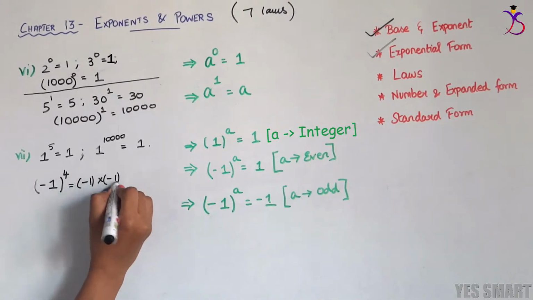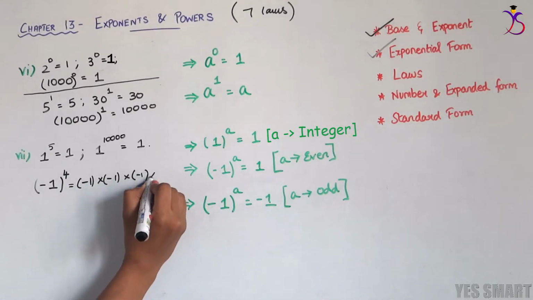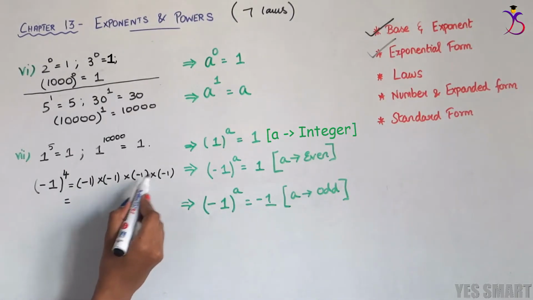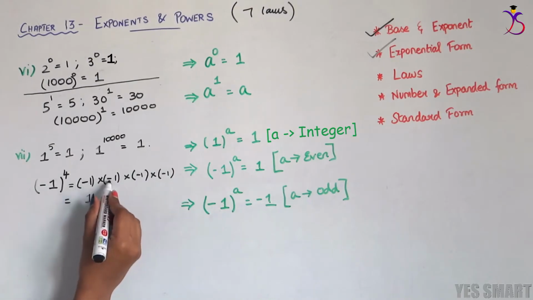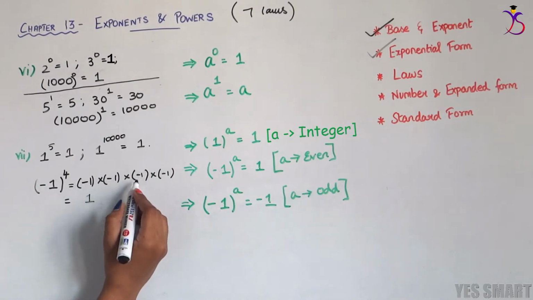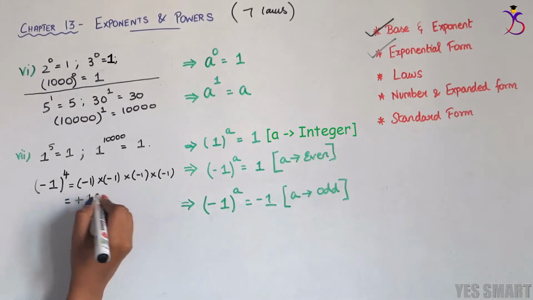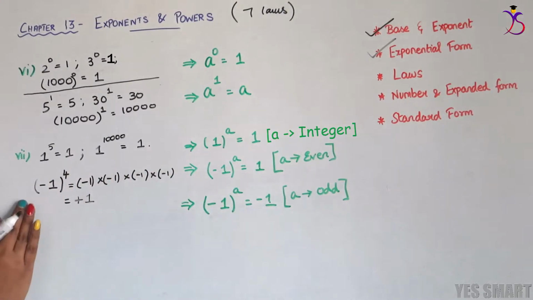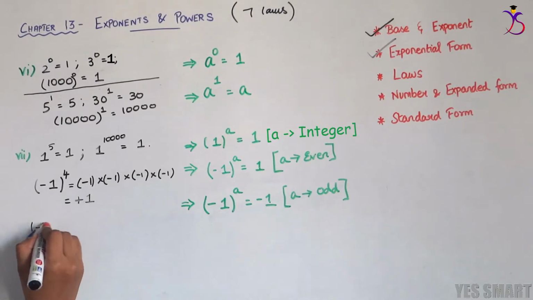So first let's multiply the numbers. 1 into 1 into 1 into 1 is 1. And now sign multiplication. Minus into minus is plus. Plus into minus is minus. Minus into minus is plus. Therefore the answer is plus 1. So minus 1 to the power of any even number, we will get the answer as plus 1.